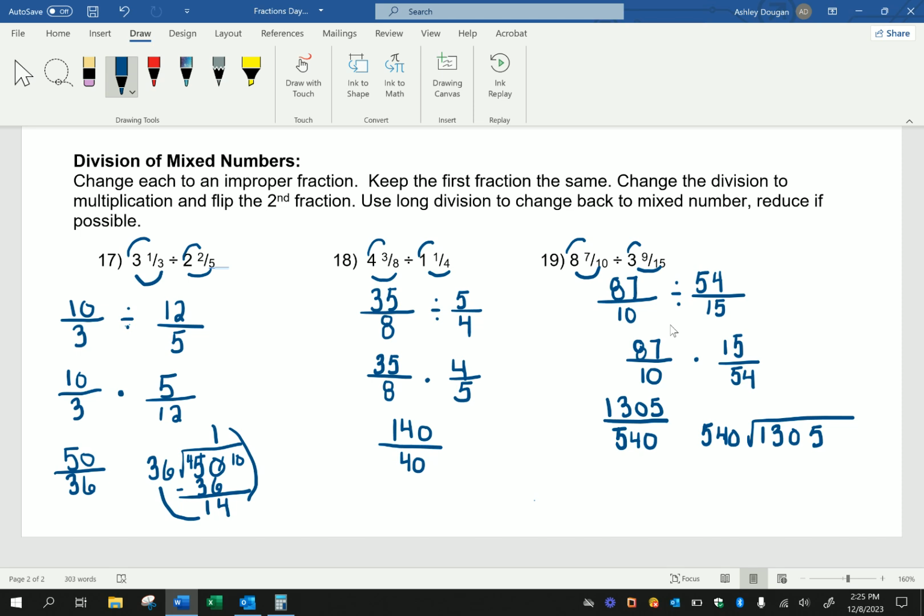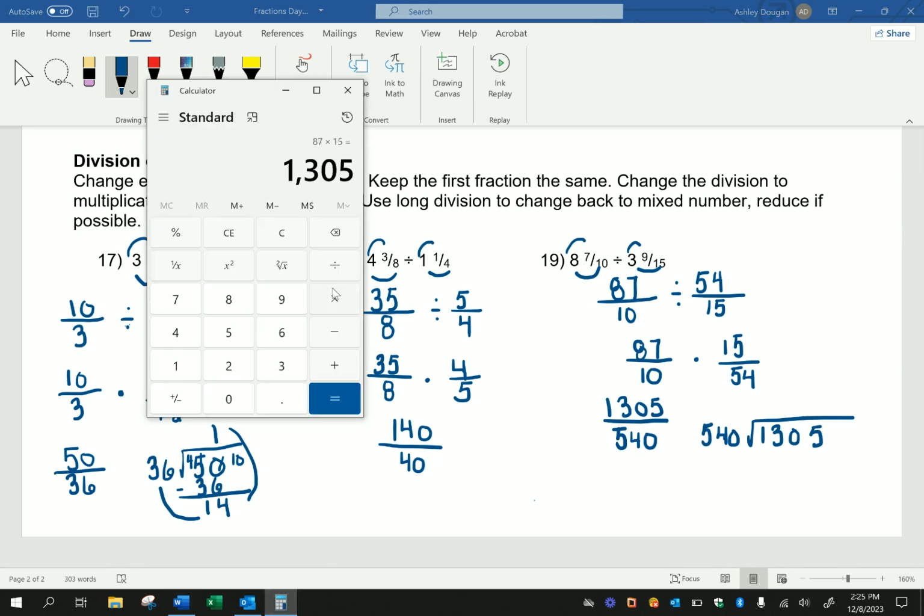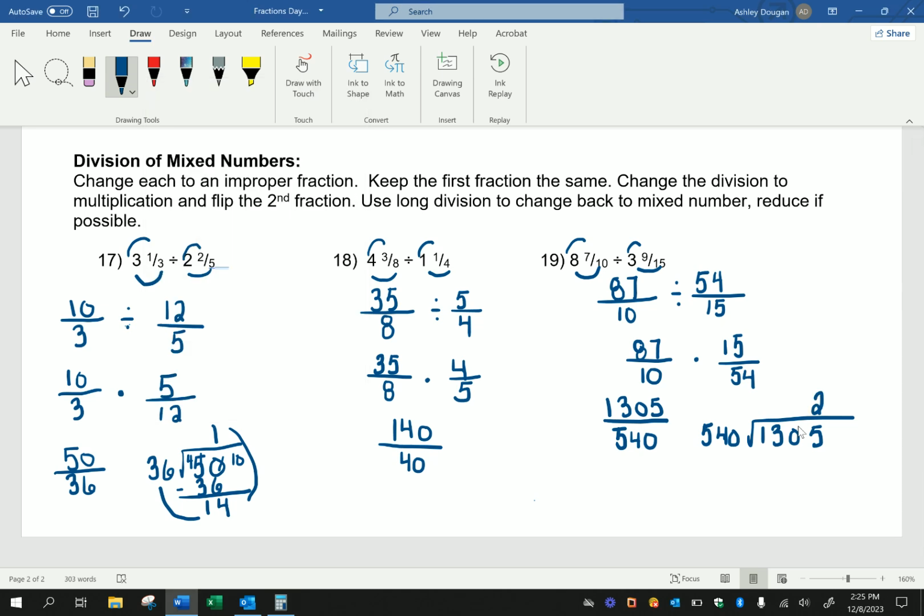I'm looking for how many times 540 will go into 1305. I might just guess and check. 3 would be too many. So I can say 540 times 2, and that's going to be what I would need. So 540 goes into 1305 2 times. 540 times 2 was 1,080.